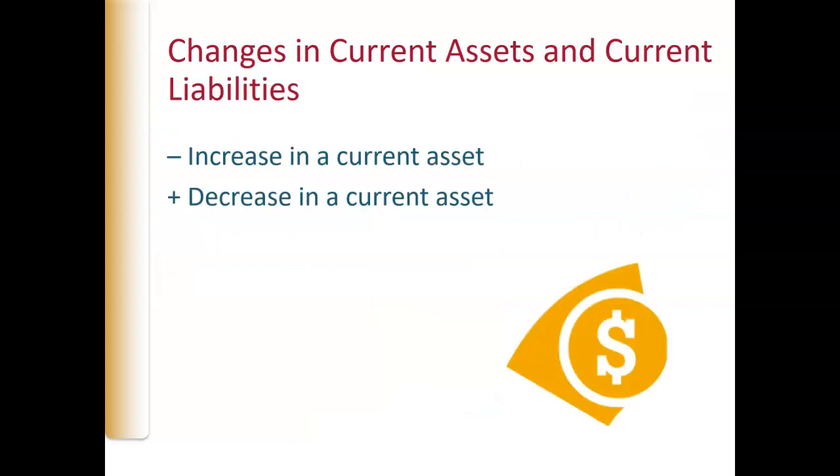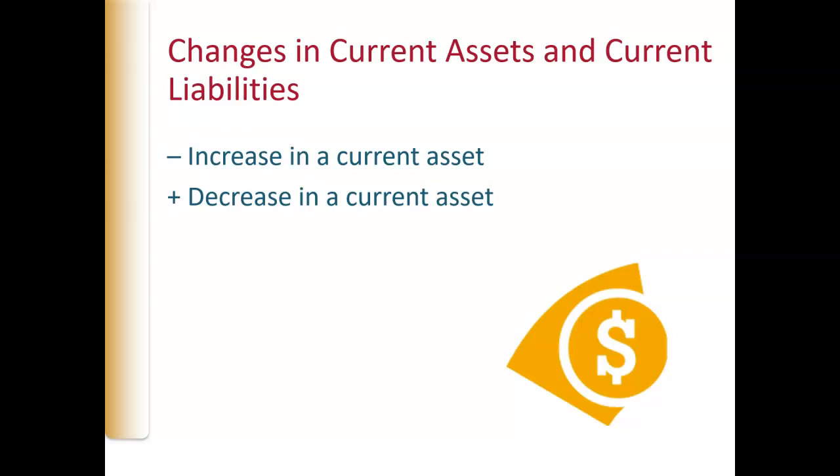Now, when we're dealing with current assets and current liabilities, you will subtract an increase in a current asset and you will add a decrease in a current asset. Remember, do the opposite of what's happening.